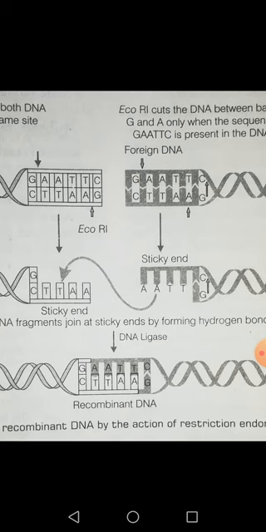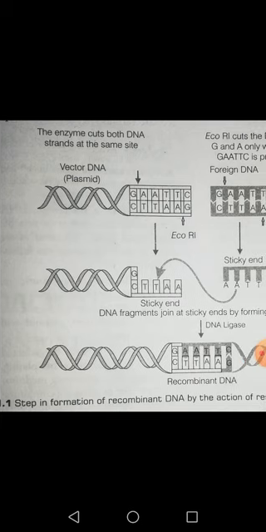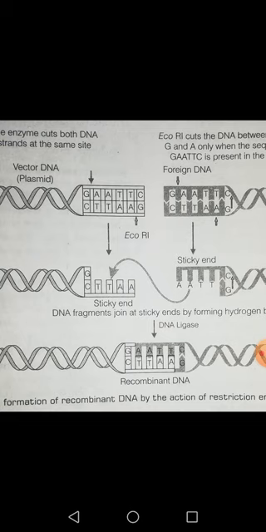Later on, because they have hydrogen bonds, they can bind together with the help of the ligase enzyme, and they will form a recombinant DNA. Here you are observing the vector DNA plasmid, and this is the foreign DNA. Vector means the one in which we have to introduce the foreign DNA.